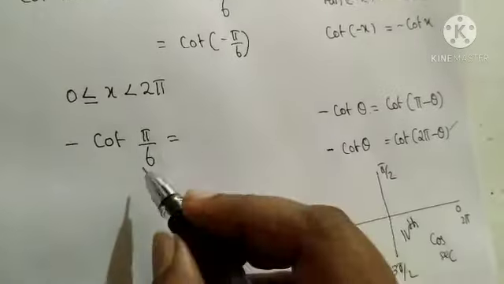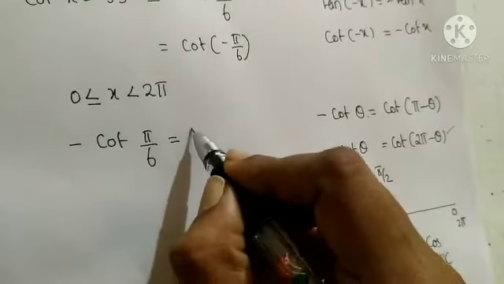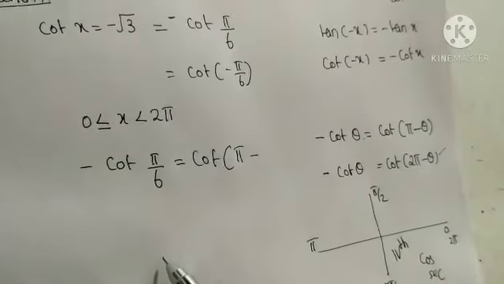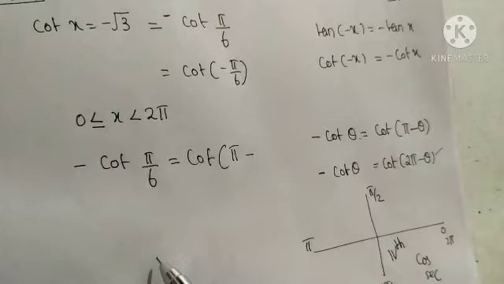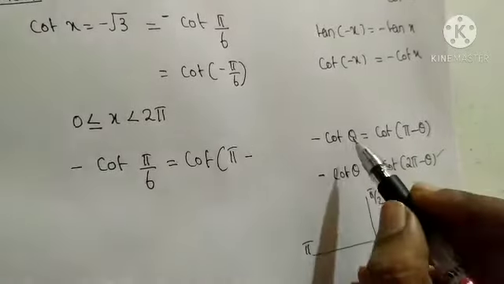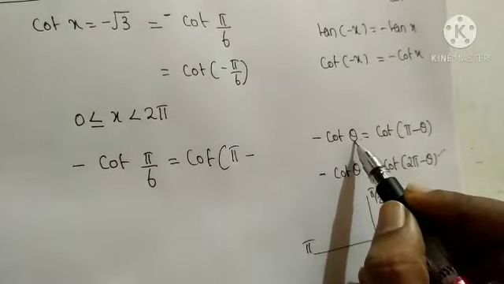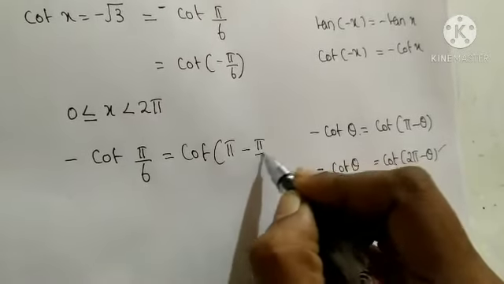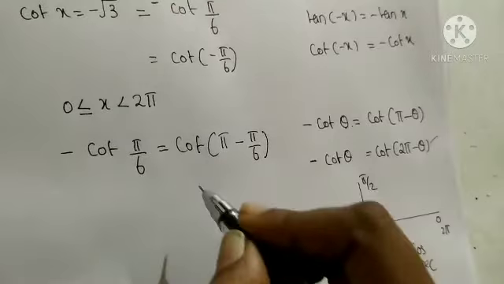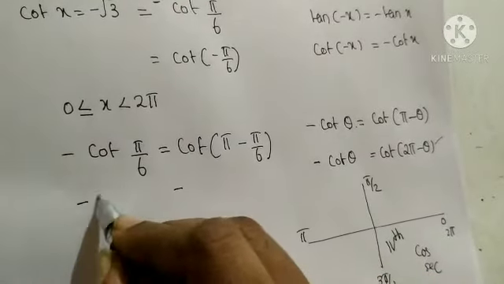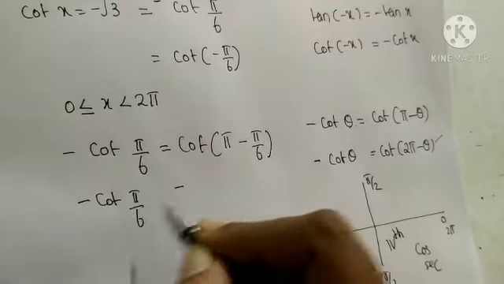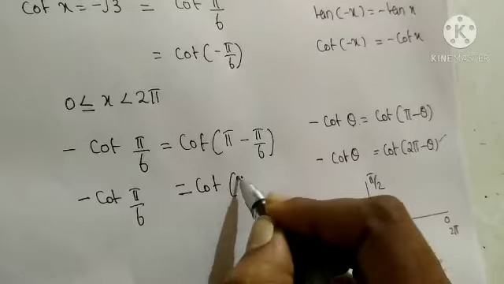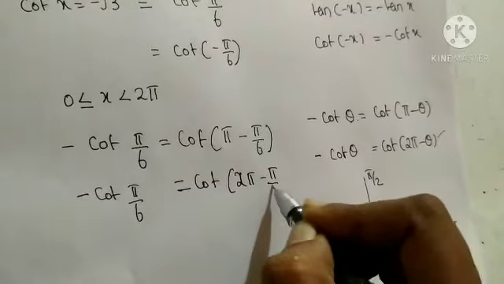Okay, so this can be written as cot pi minus theta, replacing this theta by pi by 6. This can be written as cot pi minus pi by 6, or minus cot pi by 6 can be written as cot 2 pi minus pi by 6.